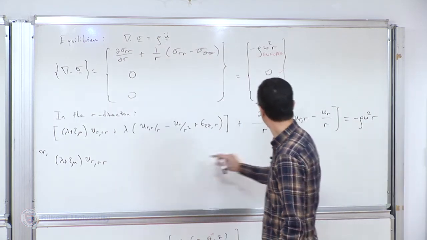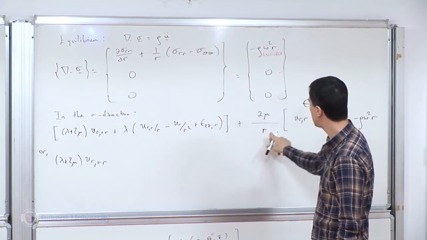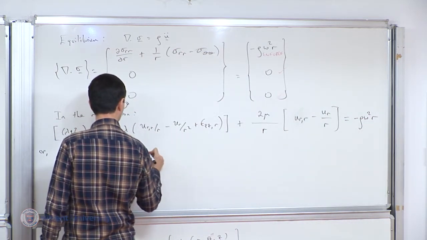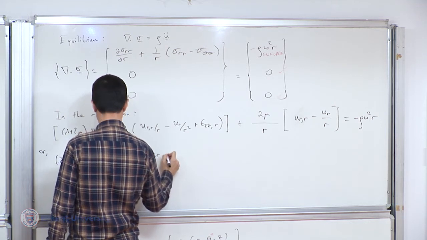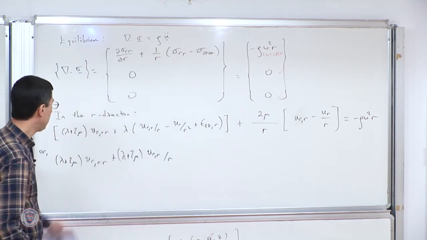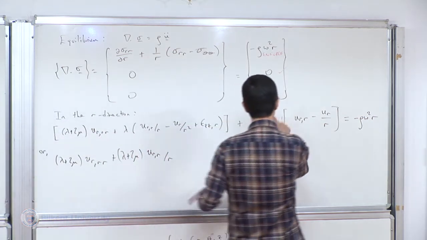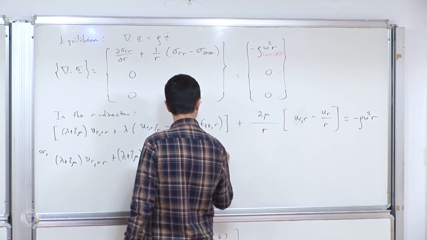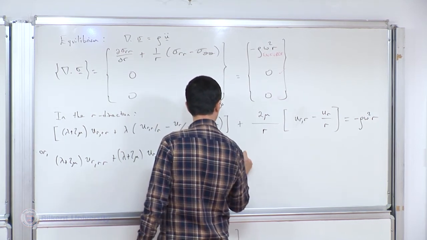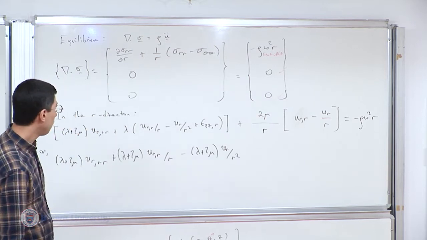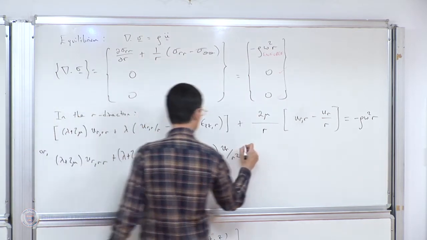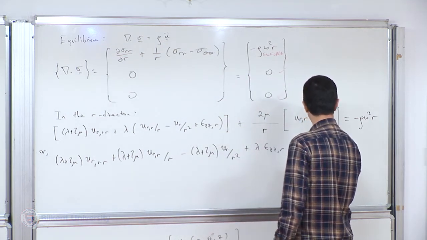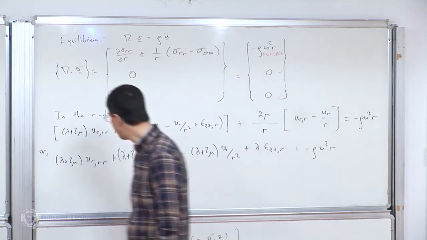So we have lambda plus 2 mu, u r comma r over r is in both of them. And then lambda with a minus sign, 2 mu with a minus sign, so minus lambda plus 2 mu, u r over r squared. And finally, I have an epsilon zz r term, lambda epsilon zz comma r, and that's equal to minus rho omega squared r.